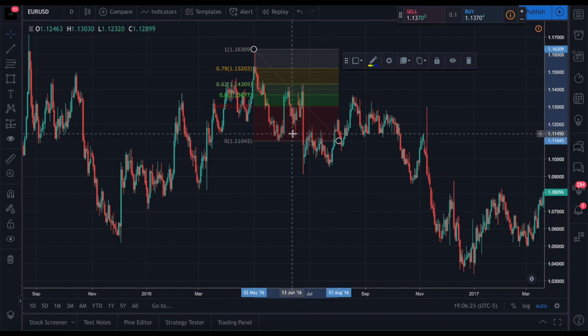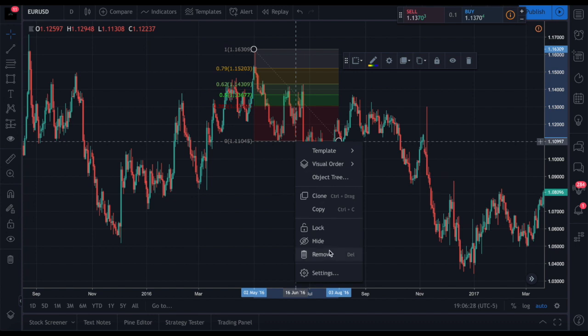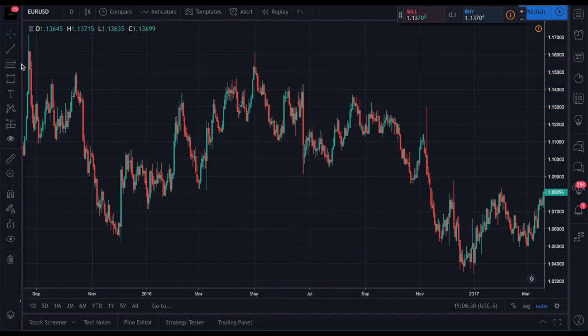Fibonacci is a very great tool. It's one of the tools I use the most. And it's actually a great scalping tool, which I'm going to be revealing some secrets about in the future. It might not be for free though, but it definitely changes a lot of things on the aspect of trading.